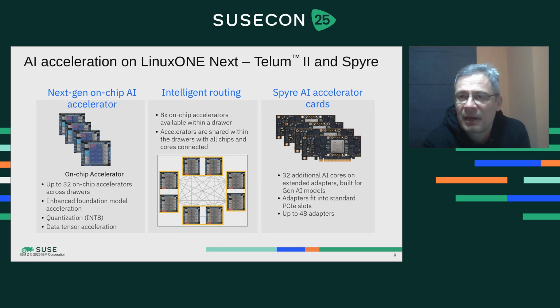As far as the Spyre accelerator card is concerned, that one gives you a total of 32 additional AI cores on a single card. And of these cards, you can fit up to 48 pieces into your IBM Z or LinuxONE machine. So that's some incredible power right there.